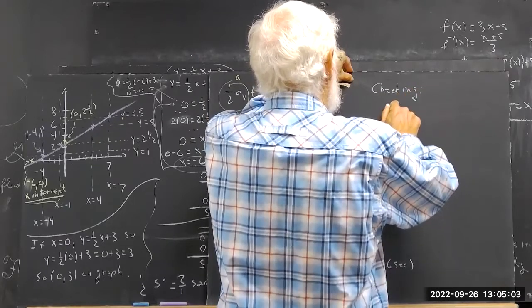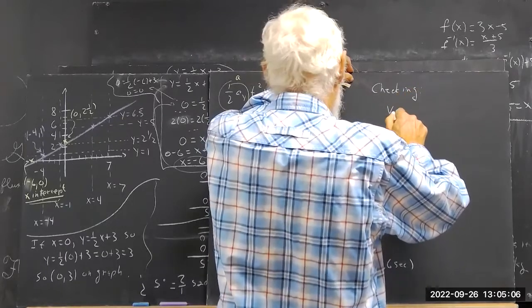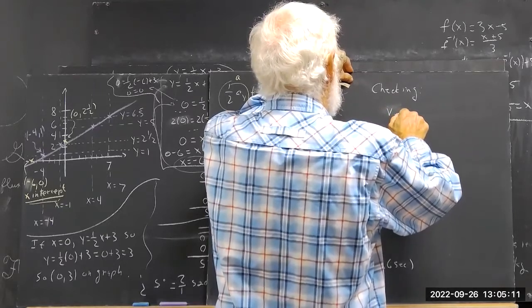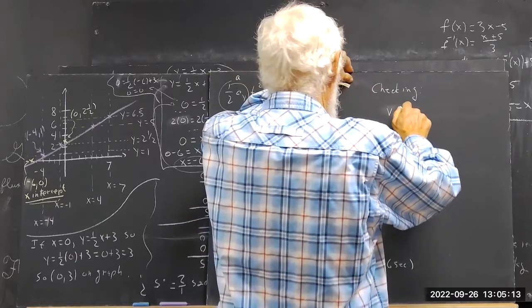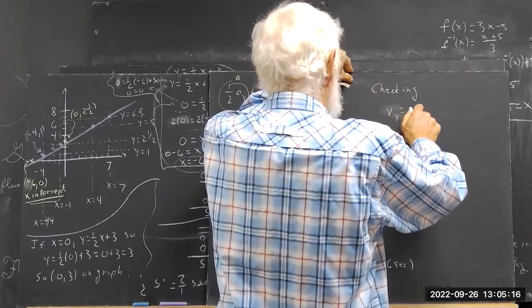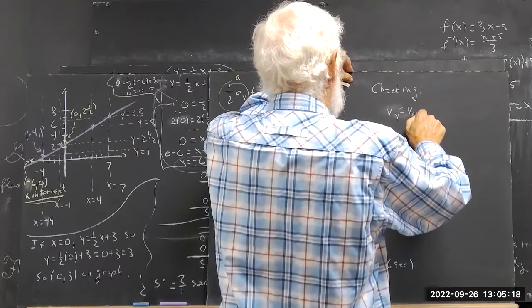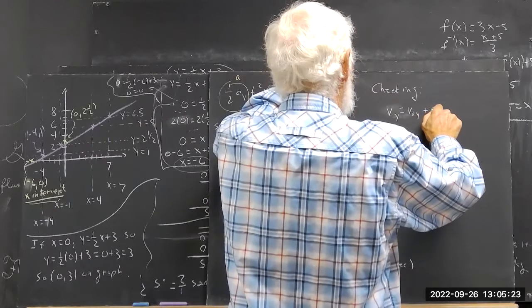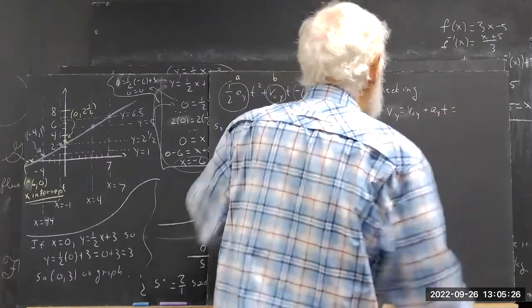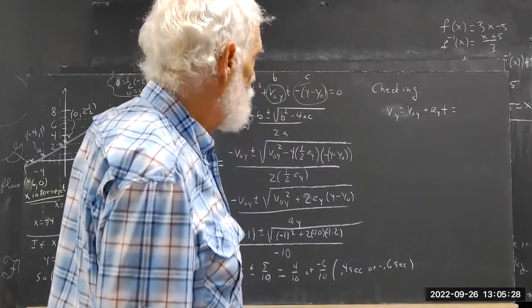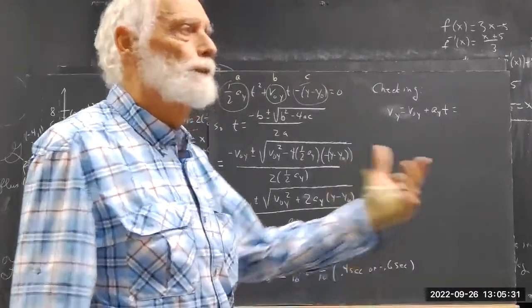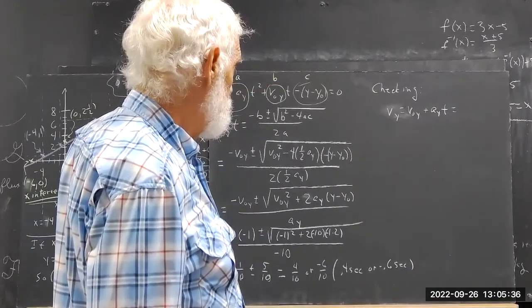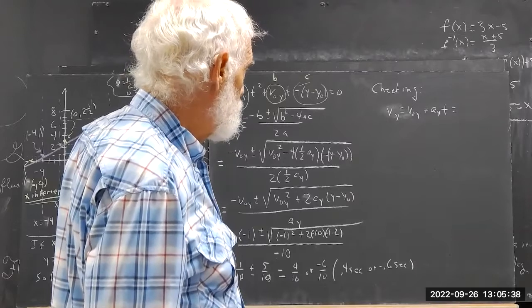One way to check is to say, intuitively, your final velocity v y would then be v naught y plus AY t, that's negative 5.